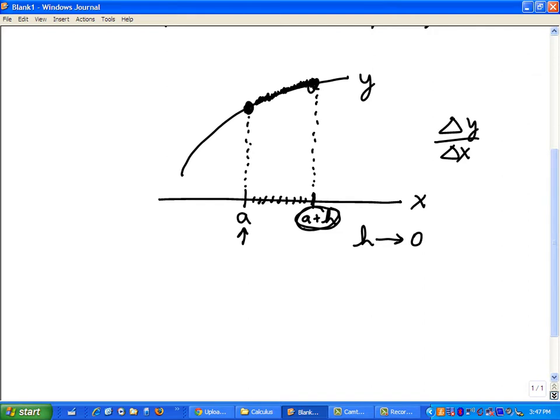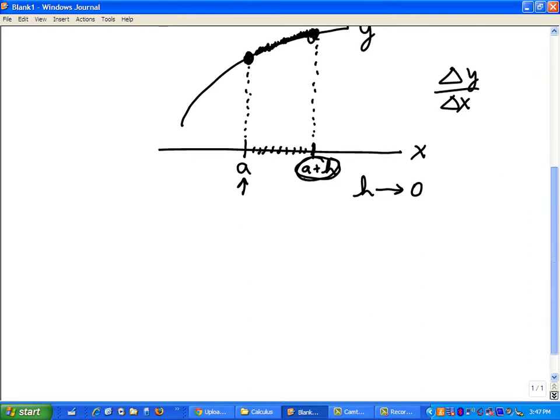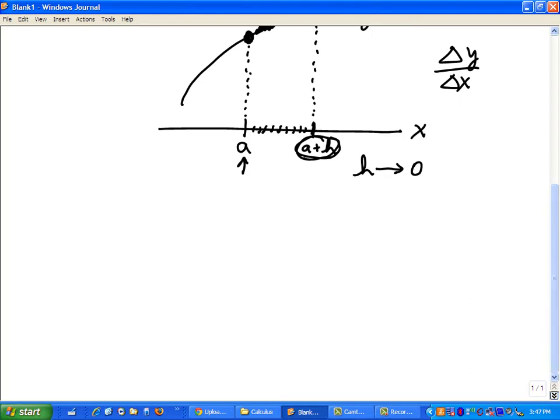Now, let's look at this picture one more time, only this time I want to look at that average rate of change again. And you've seen this before, but I just want to make sure that everybody is aware of it.